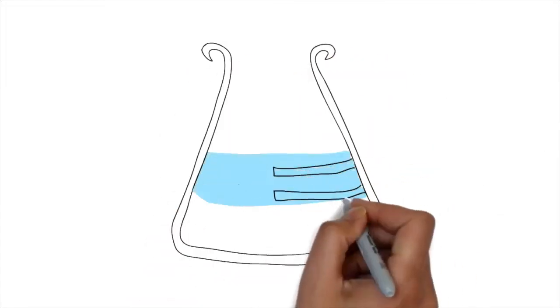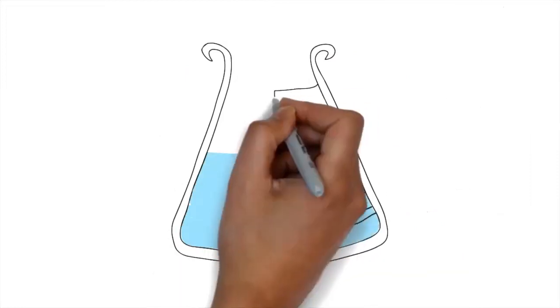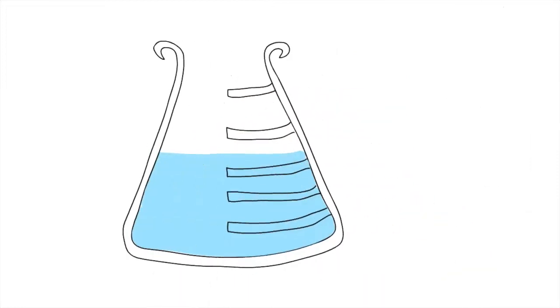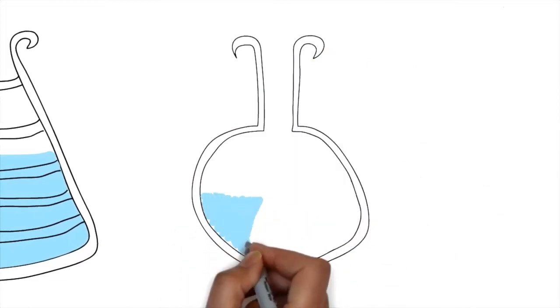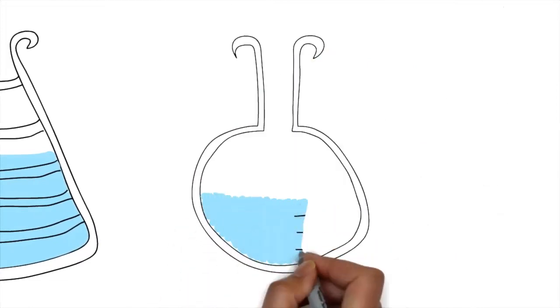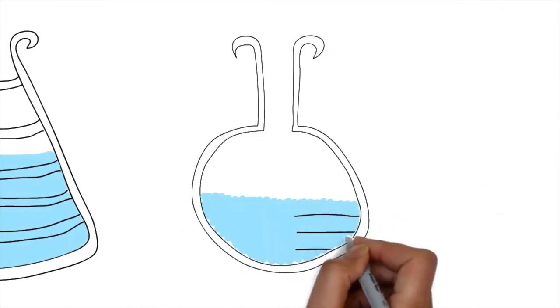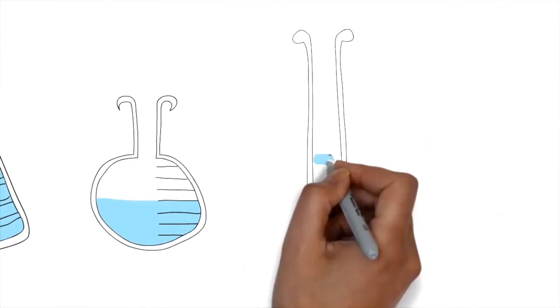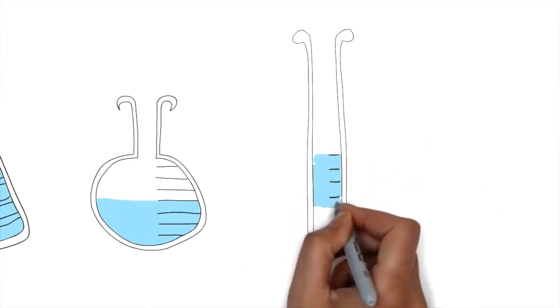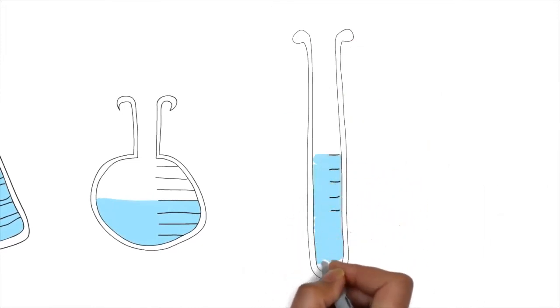How do we measure capacity? It's through these instruments like jars, tubes that have numbers and indications on them that tell us how much water or the product is inside.